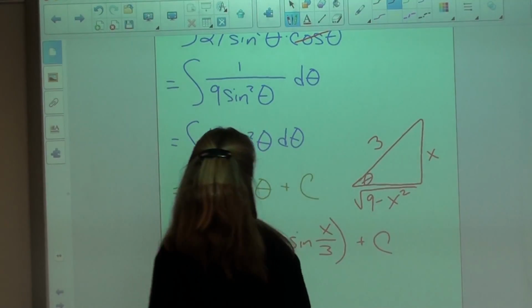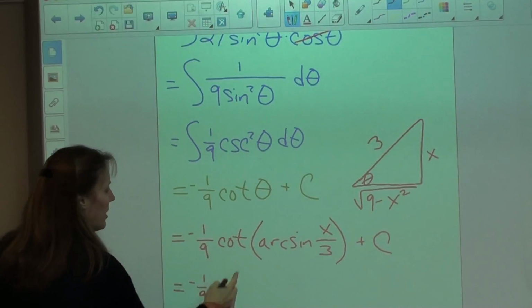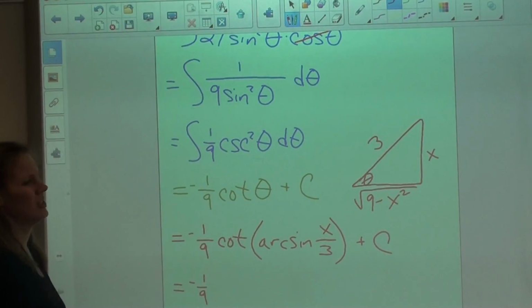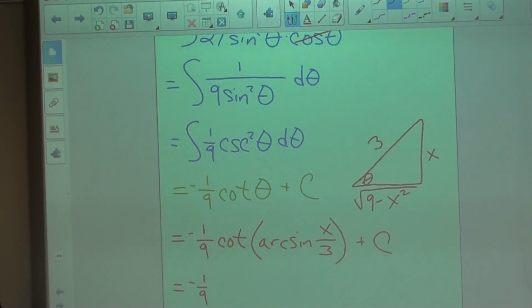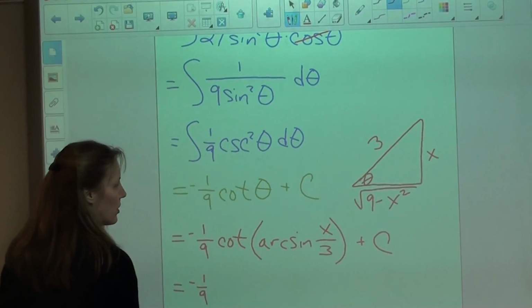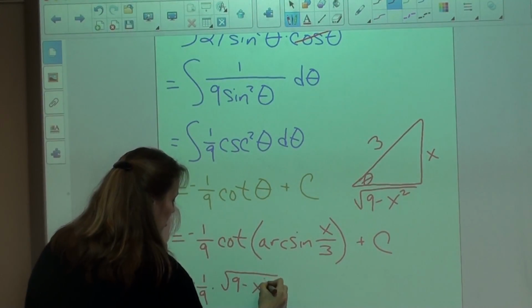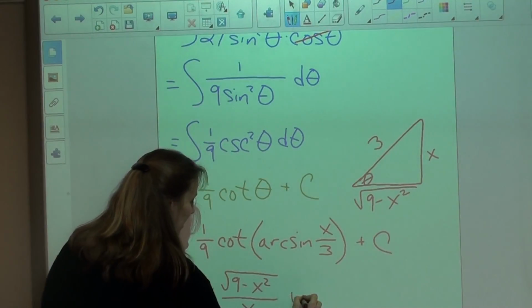So for our final answer, we want the cotangent of this. Cotangent is what over what? Adjacent over opposite. So we end up with root 9 minus x squared over x, plus c.